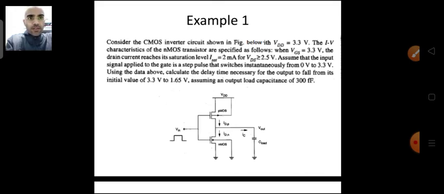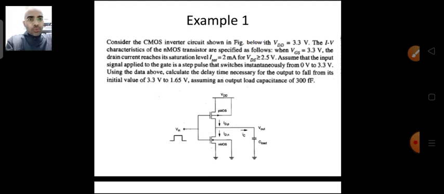The first numerical is related to the particular figure given in this diagram. This is nothing but an inverter. In this inverter the VDD is 3.3 volts, right? And the IV characteristics of the NMOS transistor are specified.